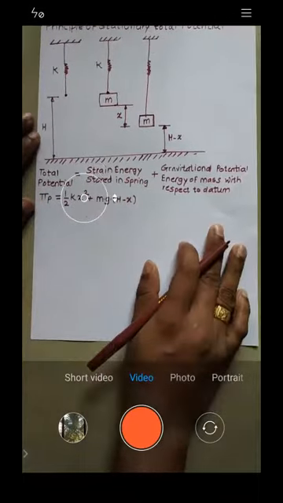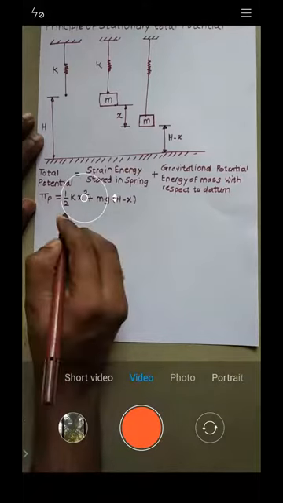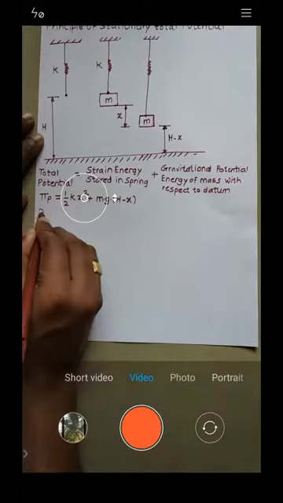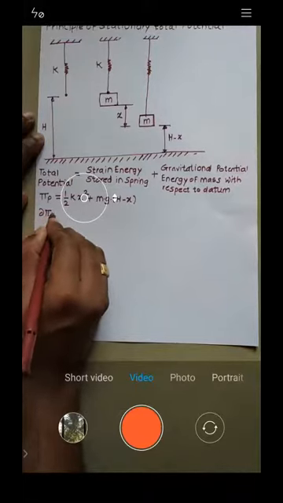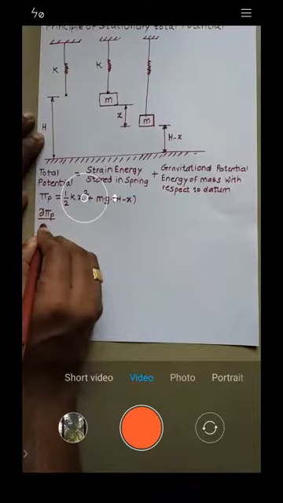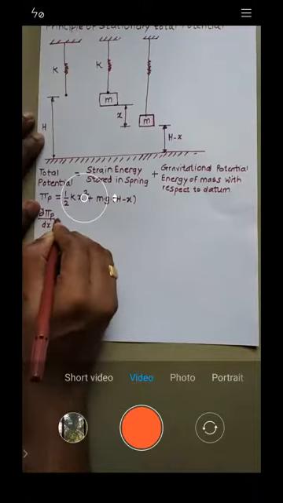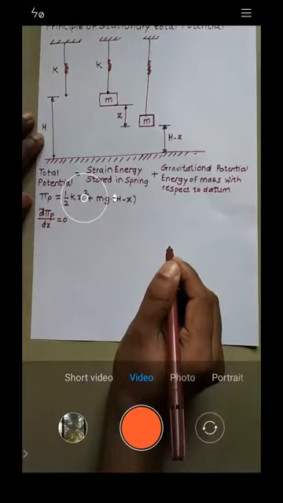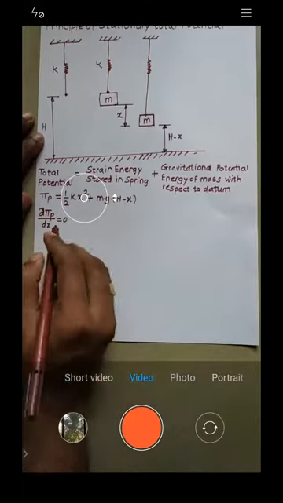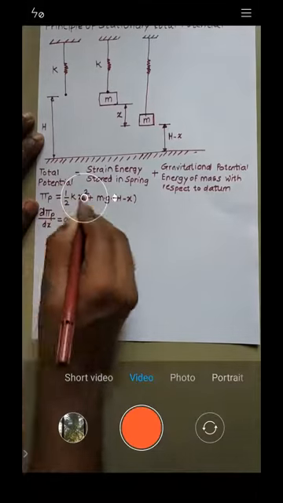Now I'm interested in differentiating this pi p with respect to x and equating it to 0. What is the differentiation of this term with respect to x?